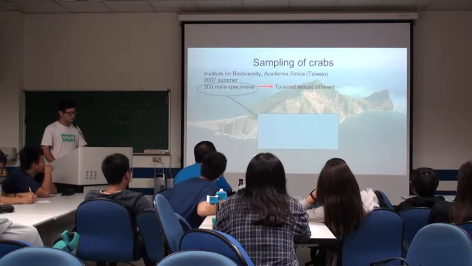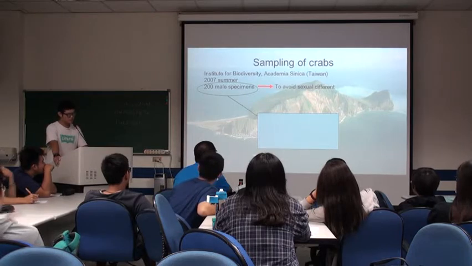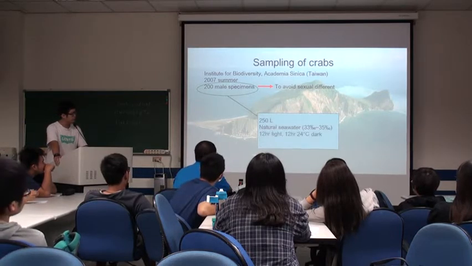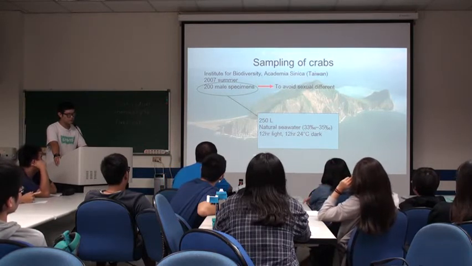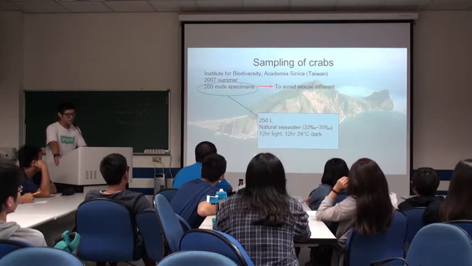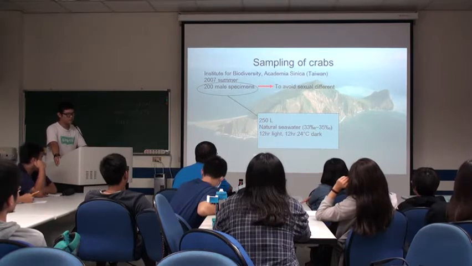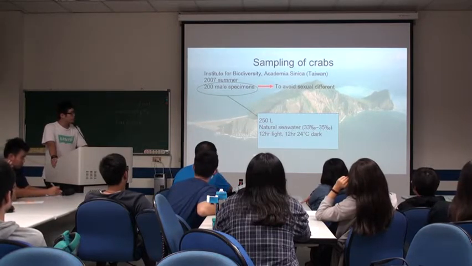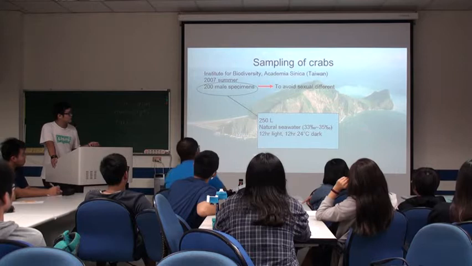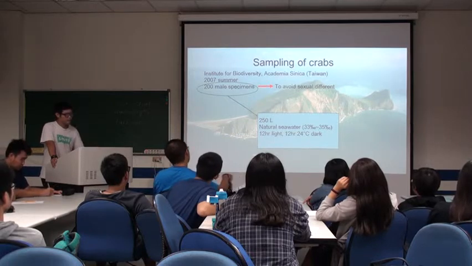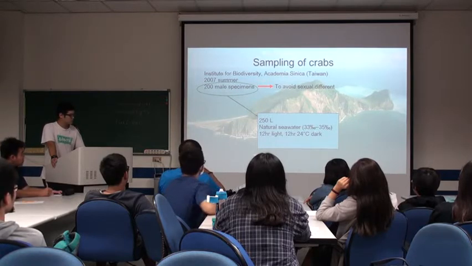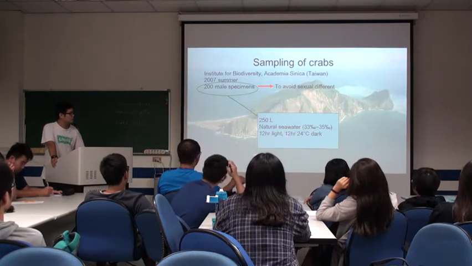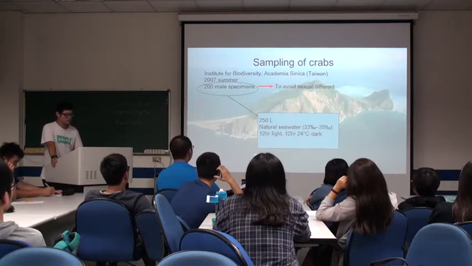The 200 specimens were put into a 250 liter tank filled with natural seawater and salinity, and we gave them 12 hours of light and 12 hours of dark, maintaining 24 degrees Celsius.